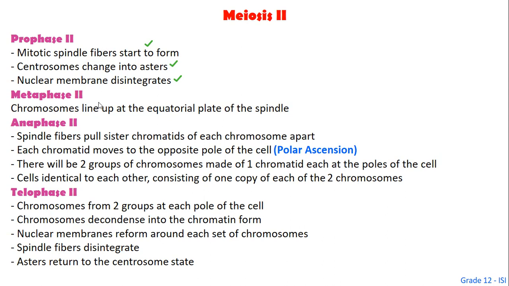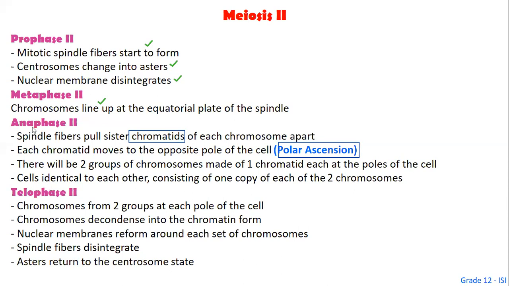During metaphase, the chromosomes line up to form the metaphase plate. During anaphase now, the chromatids separate and move to the poles of the cell by polar ascension. So at the end, during telophase, the cell will have chromosomes of 1 chromatid.